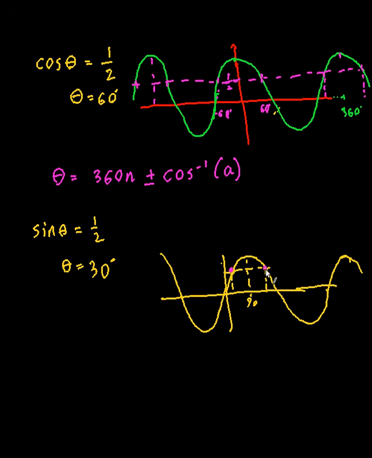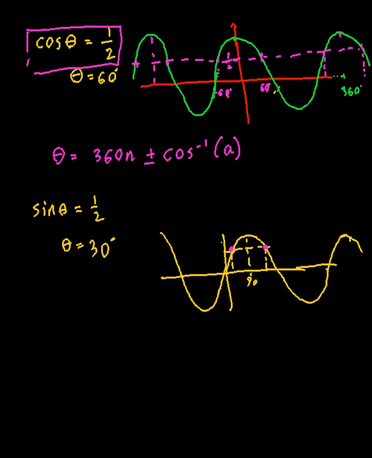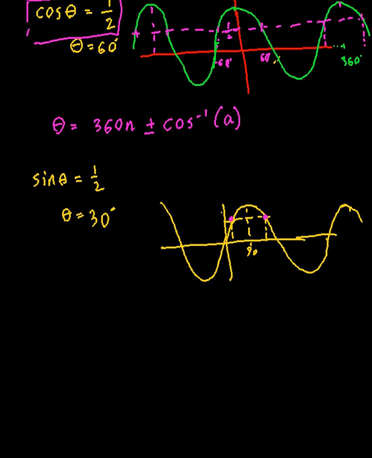What I'm going to do instead is use this thing over here, the fact that cos theta is equal to half. If you're wondering how I can use that over here, you need to remember that sine theta is simply cos of 90 minus theta. So this is what we're going to use. This is the main result.